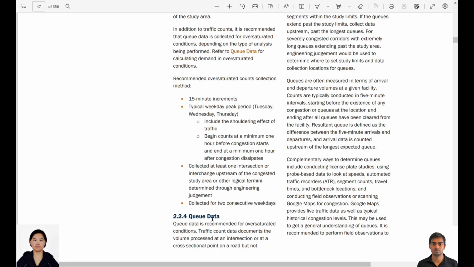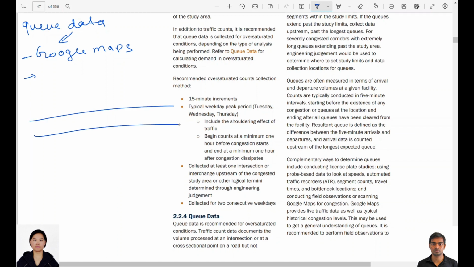Queue data is what we are trying to get. Queue data is recommended for oversaturated conditions. There are several ways of calculating queue data. Typically we get it from Google Maps. Another good source of queue data is to collect the data upstream and downstream.